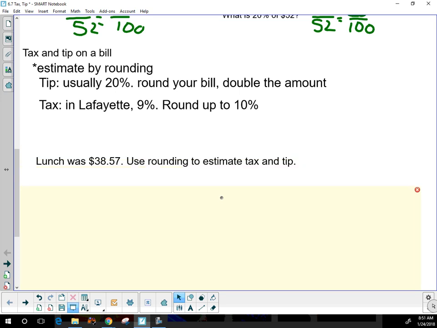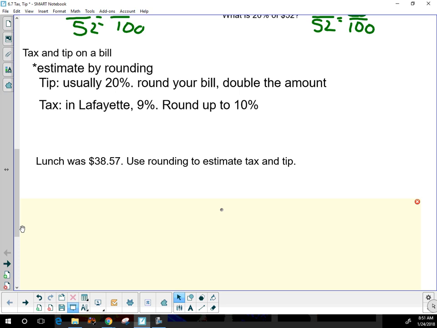Okay? So if lunch was $38.57, let's use rounding just to estimate. You want to know how much you're going to spend. Maybe being able to round for tax is good if you're saving up for something. Sometimes we're saving our money to buy maybe a new video game or something we really want.